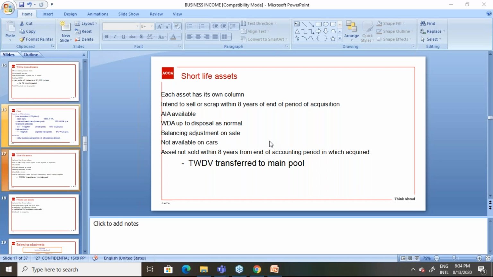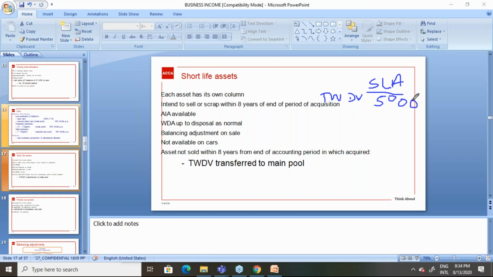Balancing allowance is a situation where you have sold the asset. Now assume this situation. Short life asset, there's a tax written down value of 5,000 pounds.